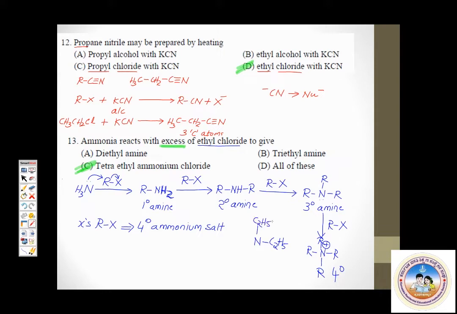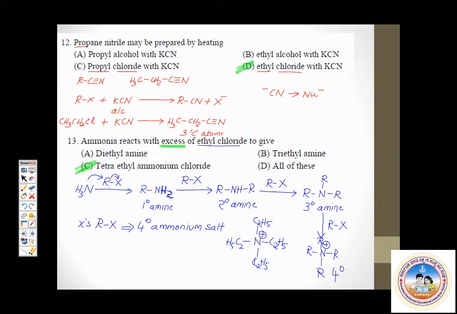See this? C2H5 with a positive charge. Why positive charge? If nitrogen is involved in 4 bonds, it will have a positive charge. This is called tetraethyl. See, 1, 2, 3, 4. 4 ethyl groups attached. Therefore, this is called tetraethyl ammonium.